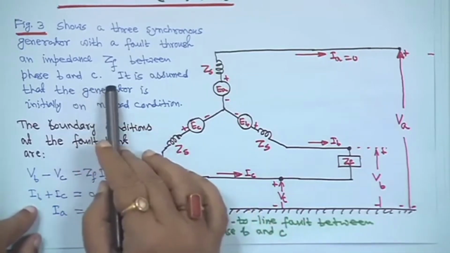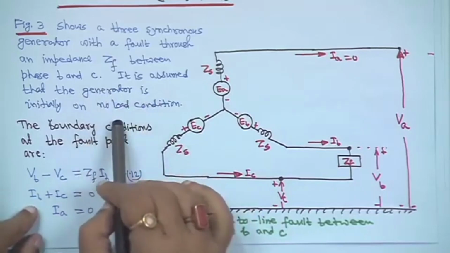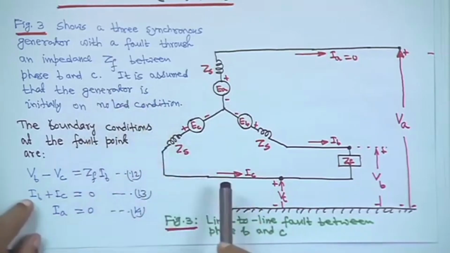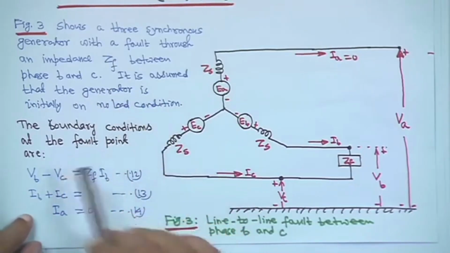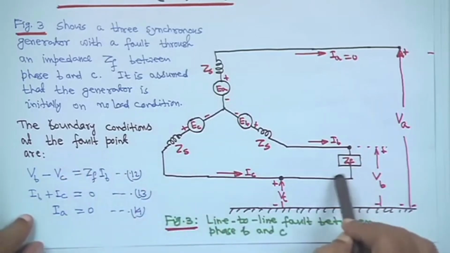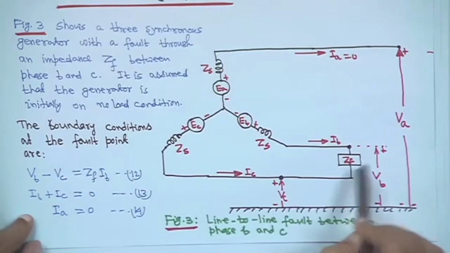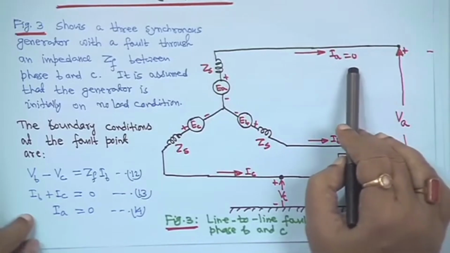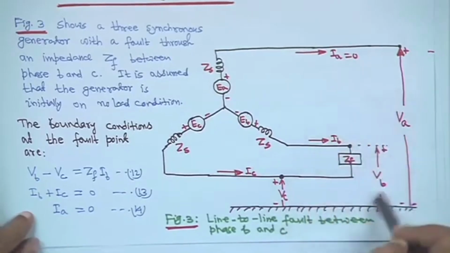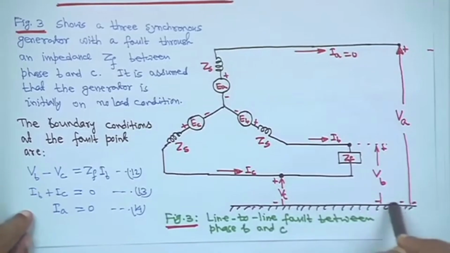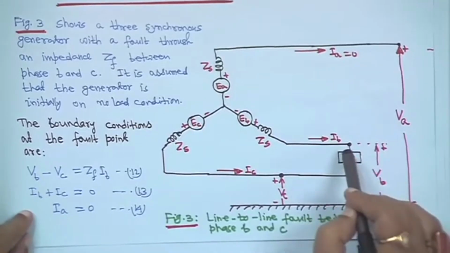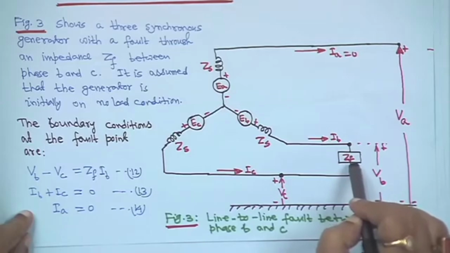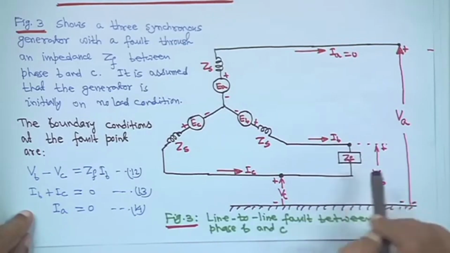So, between phase B and C, it is assumed that the generator is initially on no load condition. Now, the boundary condition at the fault point. So, there is a line to line fault through impedance ZF, that means IA will be equal to 0. And second thing is that VB, ground as reference. So, VB minus VC is ZF into IB.